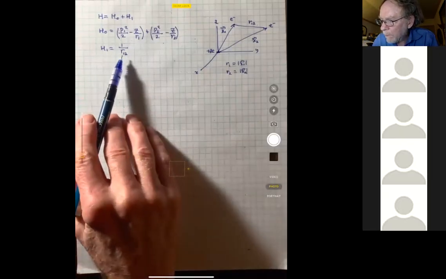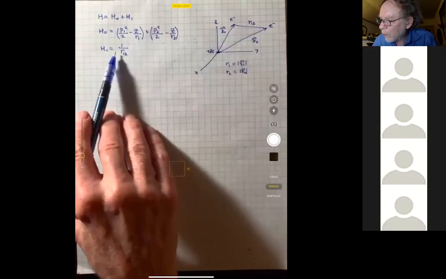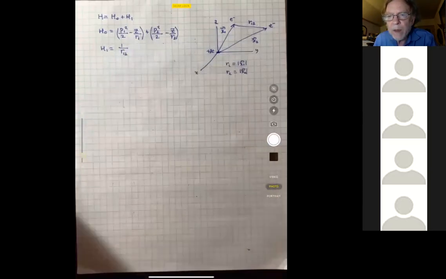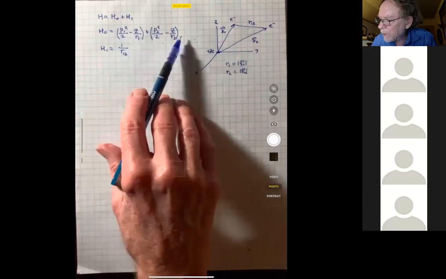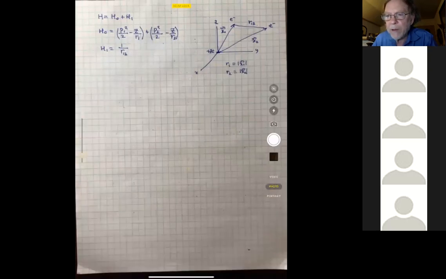Now the electrostatic interaction between the two electrons has got a basic charge of 1. They're both a charge of minus 1. So that's why we get the 1 over R12, whereas the interaction with the nucleus has got a factor of Z. If we're talking about helium, what that means is that these potentials that occur in these hydrogen-like Hamiltonians are roughly twice as big as the perturbation.